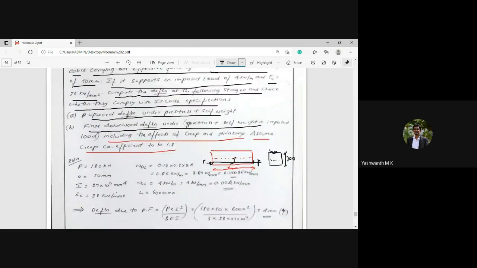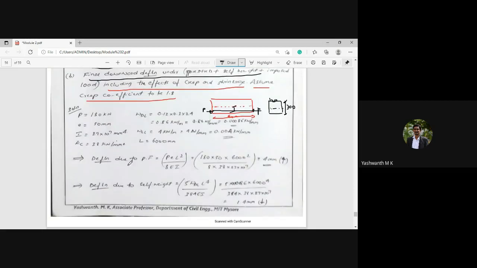The deflections you are going to calculate now will be considered short-term deflection, the short-term deflection during the transfer stage. First, deflection due to pre-stressing force. What will be the formula for a straight cable? That will be PeL square divided by 8EI.